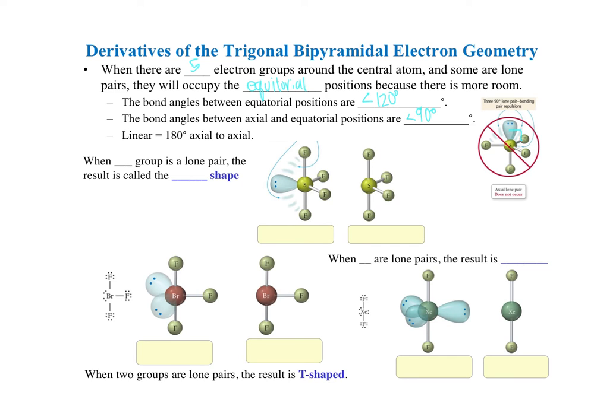And so when one group becomes a lone pair, this is called seesaw, because if we were to tilt it on its side, it kind of looks like a little seesaw. So here we have the equatorial position. Here's 5 electron groups. That's called trigonal bipyramidal.